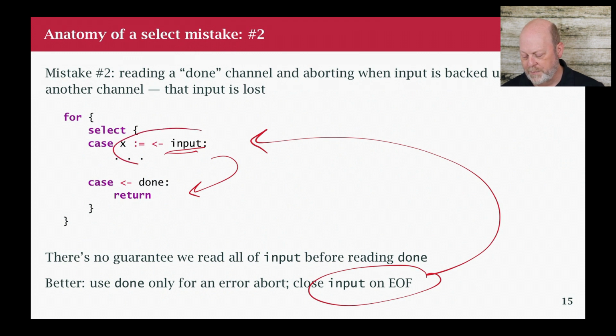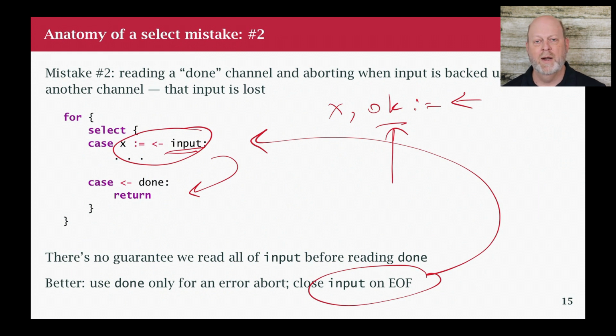I could change this logic to be x, comma, ok, gets the value of the read, and then if I close the channel, ok will become false, and then I can get out of here. So that's a different approach that might have worked better. Again, when you look at a select, you really have to think about what are the possible combinations of things that can happen according to the rules.